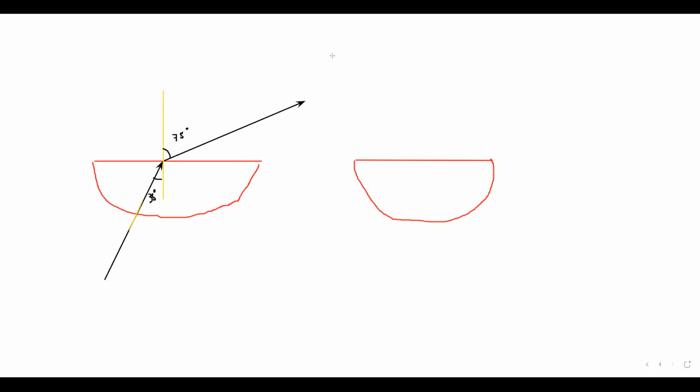Another ray of light with a different angle of incidence. The ray of light passes along the surface, perpendicular to the normal, and this angle was 40.